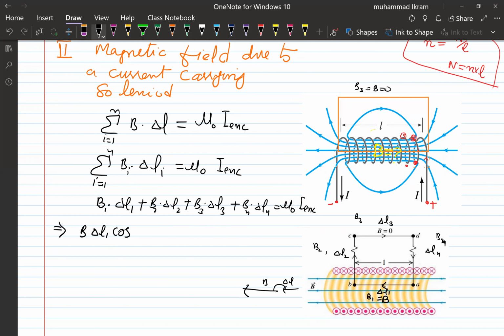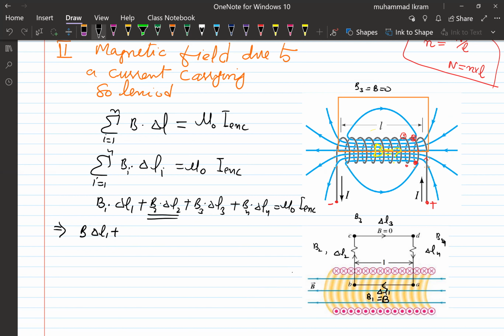So what is the angle between them? Theta is 0, so cos of 0 is equal to 1. So I will be writing just B delta L1. For this, let us see that this does not contribute. There is no contribution from this term or from this expression. Why?